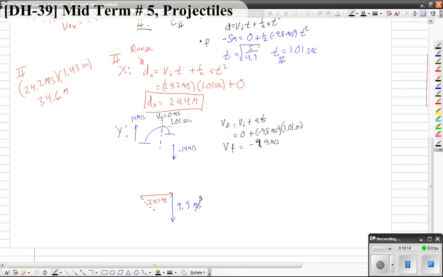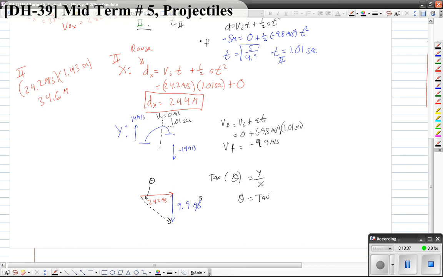And then this is the resultant. So if this is the angle that you land at, this really just becomes a trigonometry problem. So if you want to get the theta, you can see the 9.9 is the opposite side, and this is the adjacent side. So the tangent of theta is going to be equal to the y over the x, and that's pretty much what it always is.